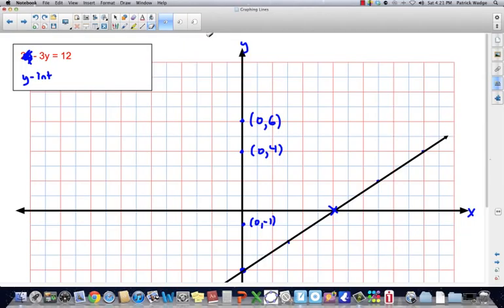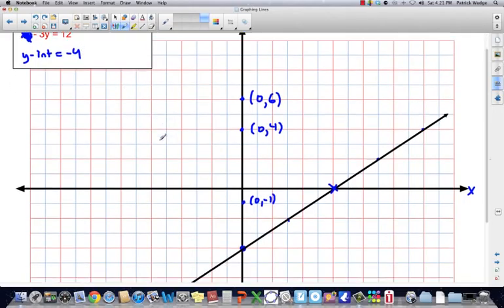So if we're looking for the y-intercept, you can just cover up these x's because that 0 goes in there, it's gone. And I have -3y equals 12. Well, if -3y equals 12, what does y equal? If you can't figure it out, divide both sides by -3, but you've probably got it. It equals -4. The y-intercept is -4. So let's find that point.